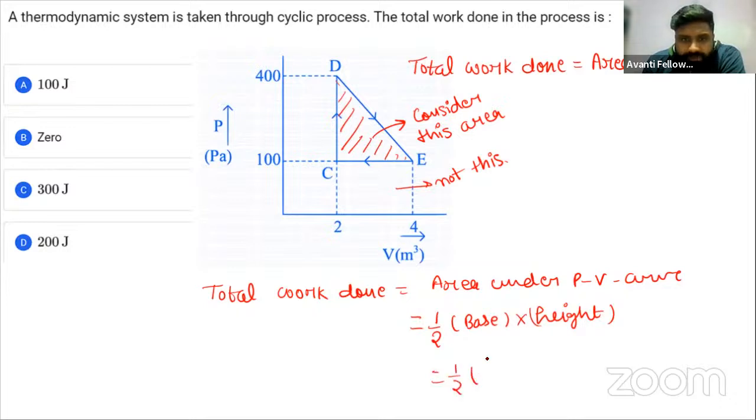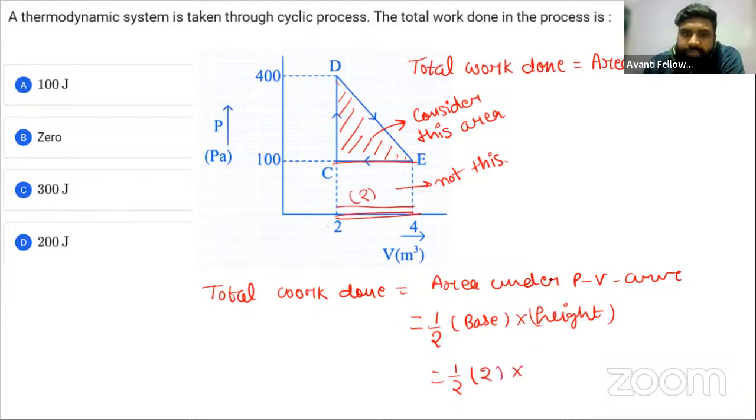Now what is the base? Base is 2 to 4, which means 4 minus 2. Generally what students do, they will take 4. No, base is only from here to here, C to E, and in C to E we have covered only 2 units. So this will be 2.